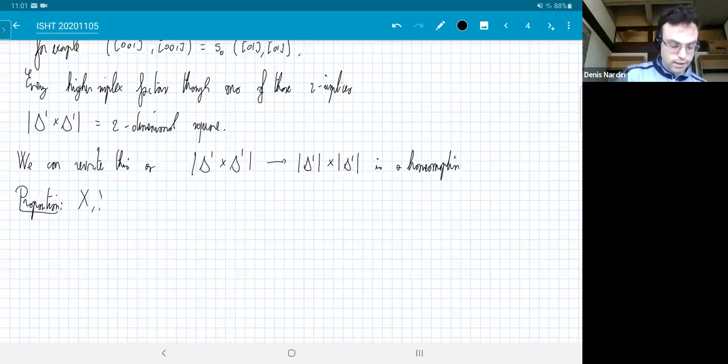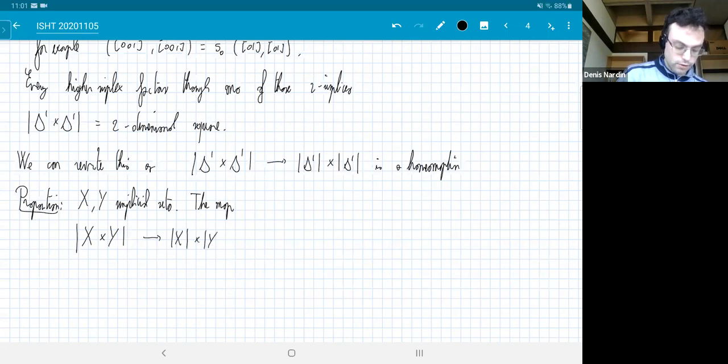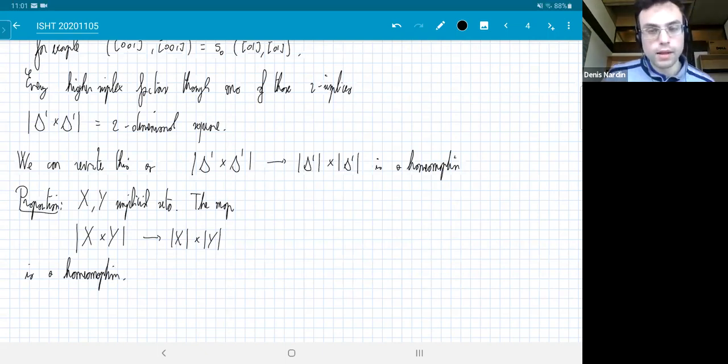So X, Y simplicial sets, the map from the geometric realization of the product to the product of geometric realizations is a homeomorphism. This is perhaps not very essential, but it is useful to have around.